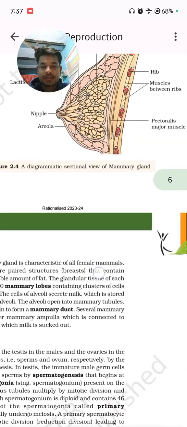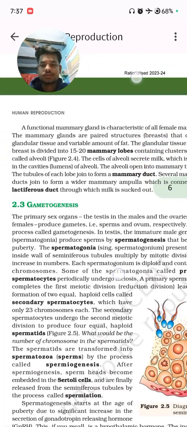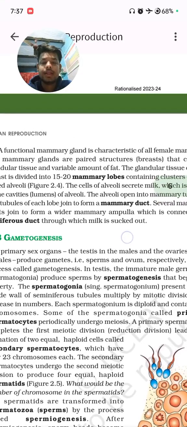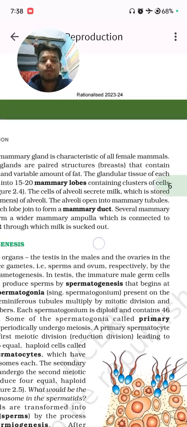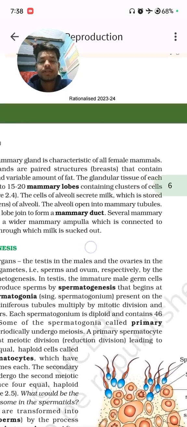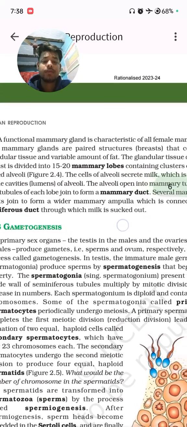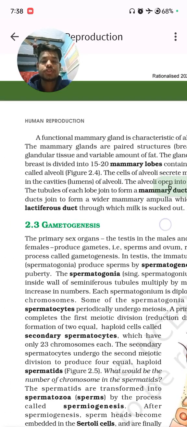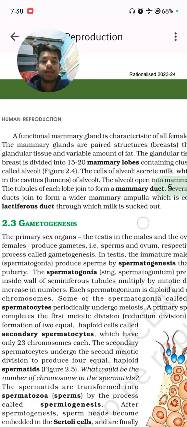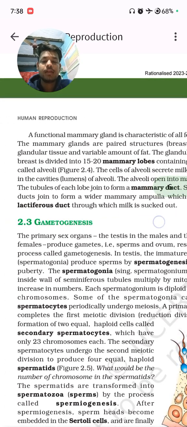So here we see the picture of a diagrammatic sectional view of the mammary gland. A functional mammary gland is characteristic of all female mammals. The mammary glands are paired structures, the breasts, that contain glandular tissue and variable amounts of fat. The glandular tissue of each breast is divided into 15 to 20 mammary lobes containing clusters of cells called alveoli.